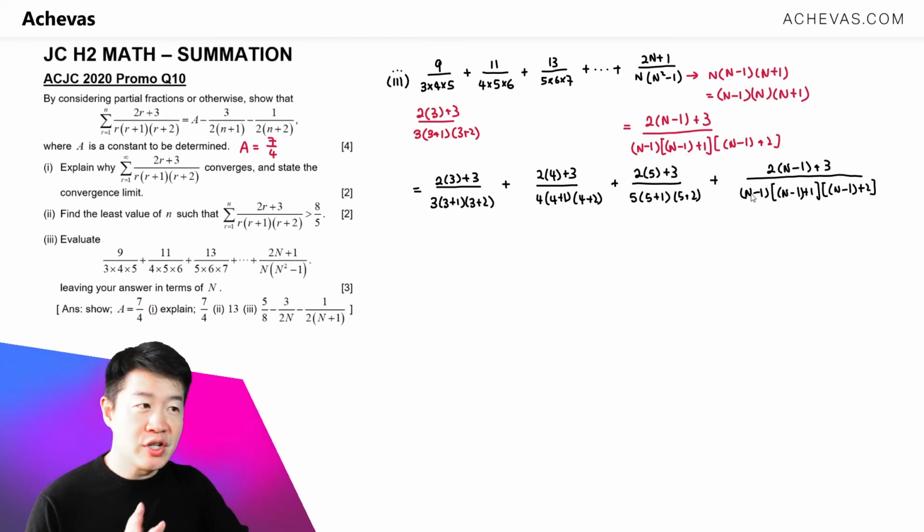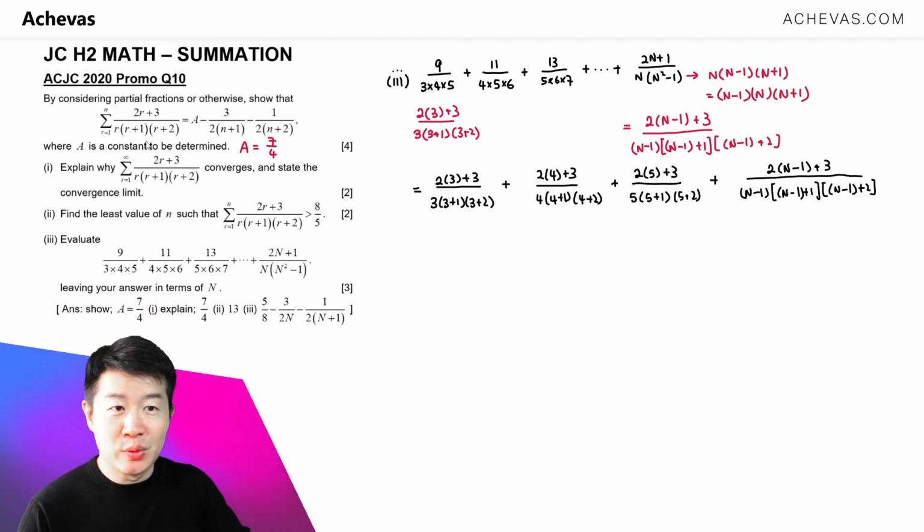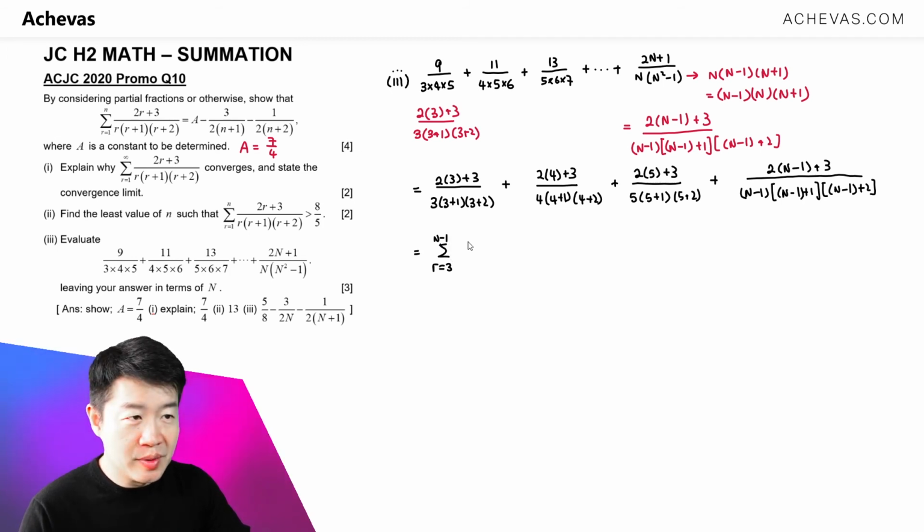Okay, this is the observation that we have to make in order to relate this back to the summation notation that we were working on, which means that this is going to be the sum from r equal to 3 all the way until n minus 1 of 2r plus 3 divided by r plus 1, r plus 2.